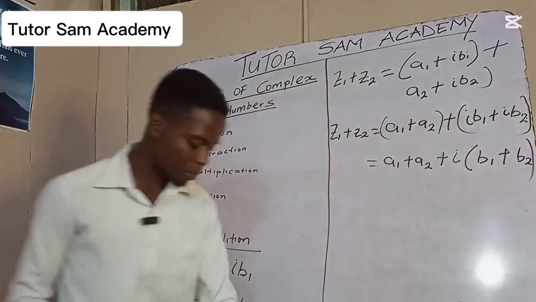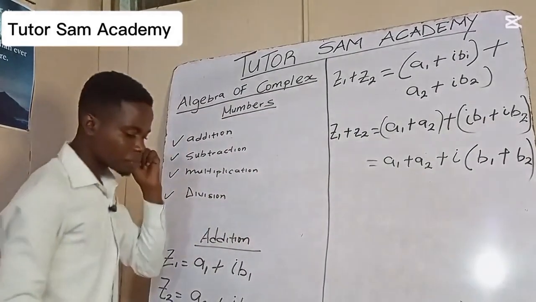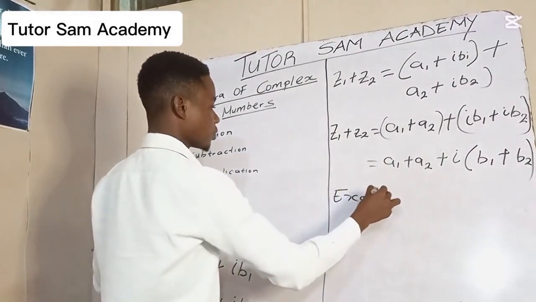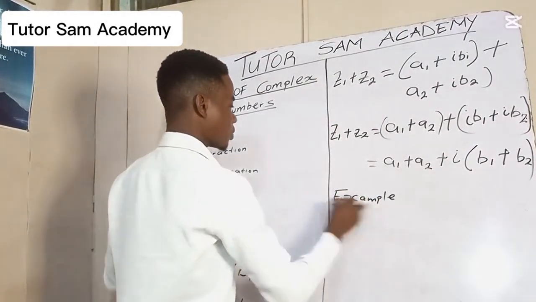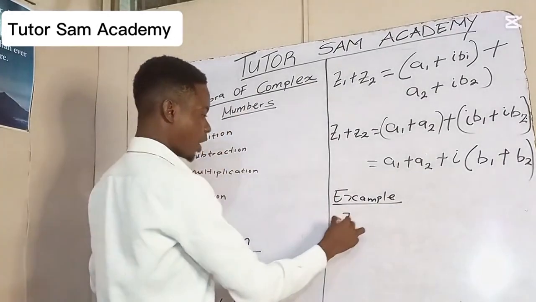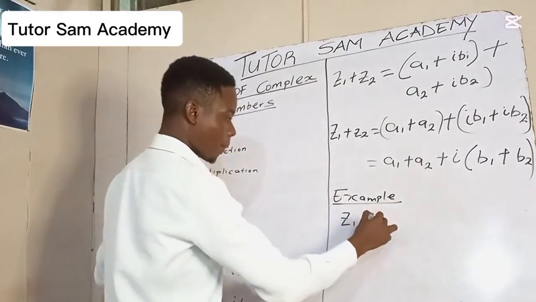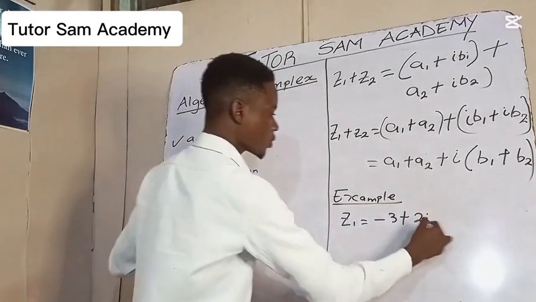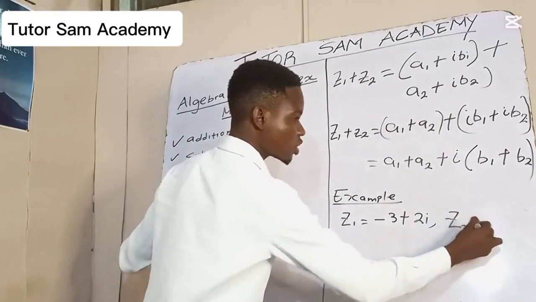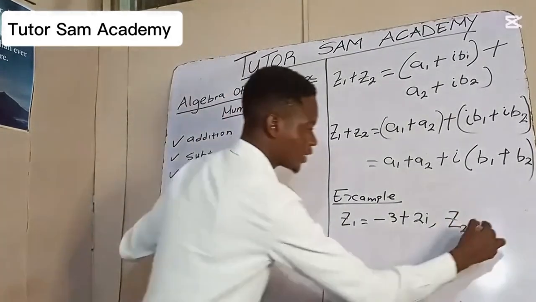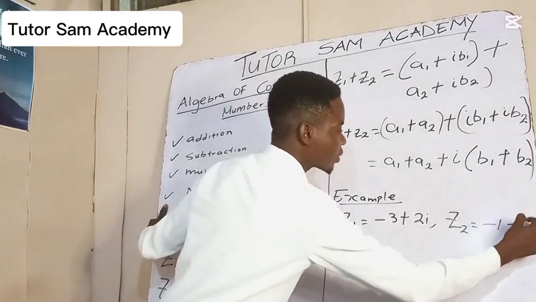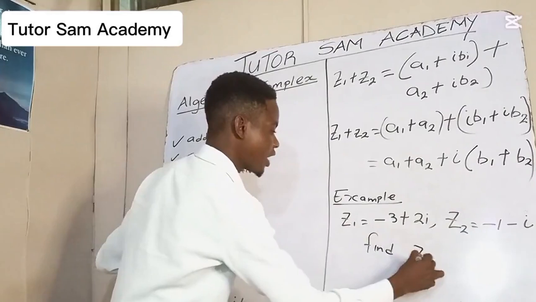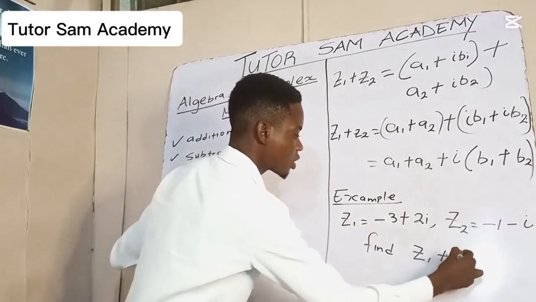So let's take an example. Let's say we have an example now. Let's say we have Z1 equal to minus 3 plus 2I, and Z2 is equal to minus 1 minus I. Find Z1 plus Z2.